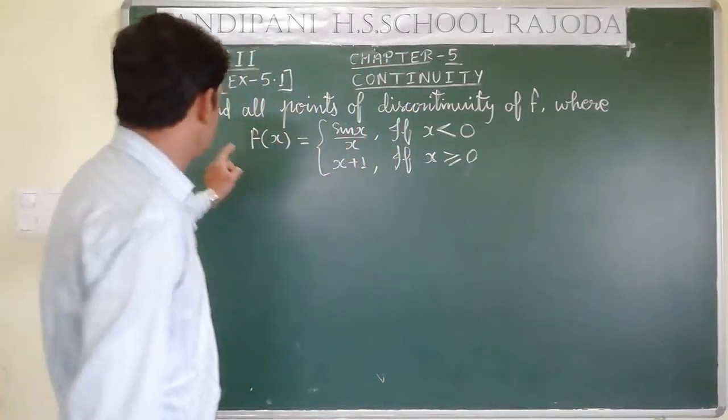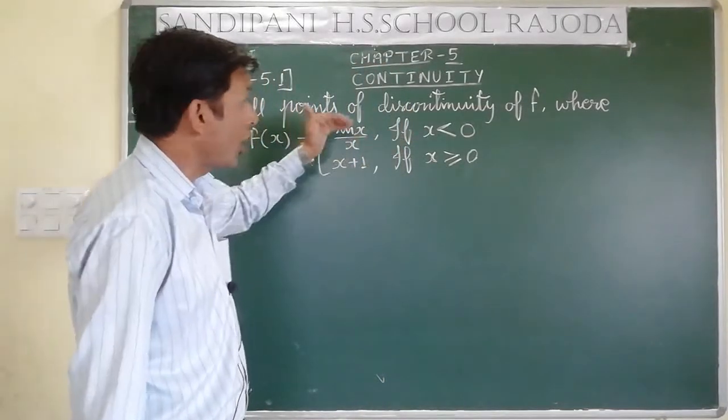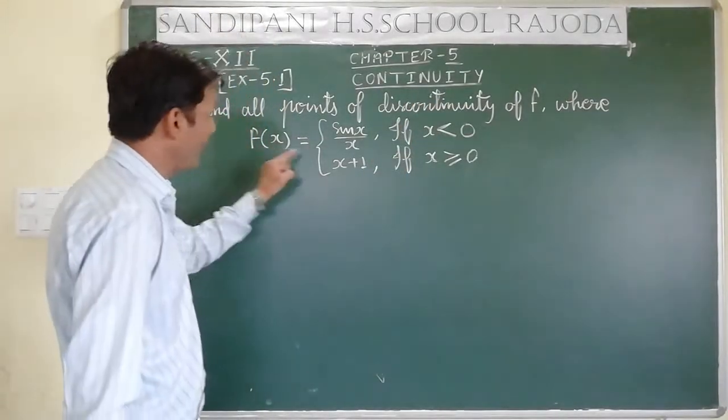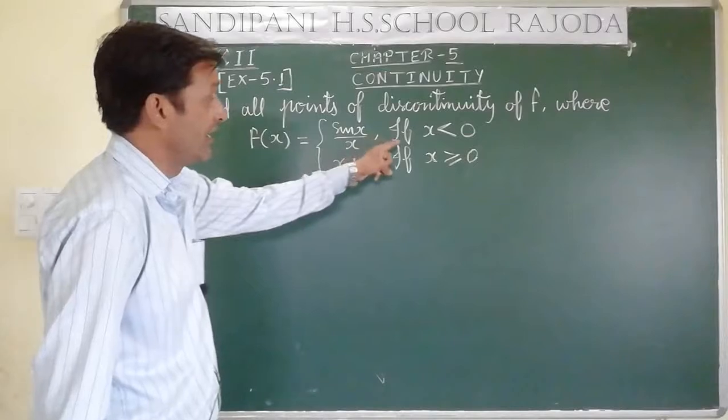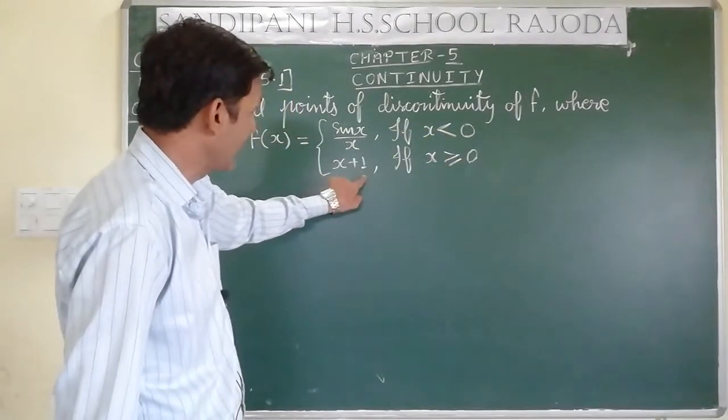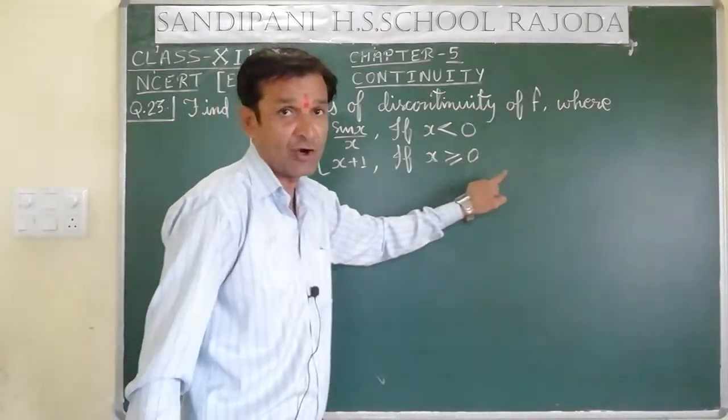Our question is, we have to find all the points of discontinuity of f where f of x is equal to sine x upon x if x is less than 0 and f of x is equal to x plus 1 if x is greater than or equal to 0.